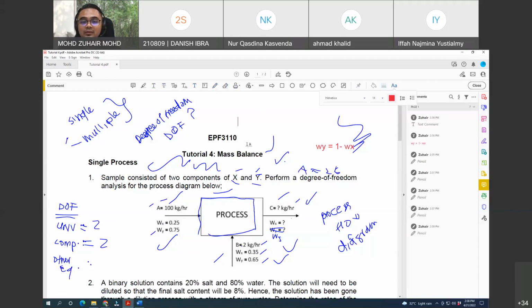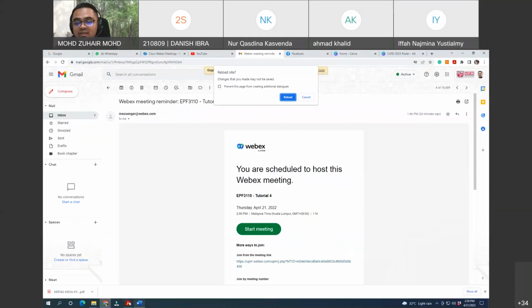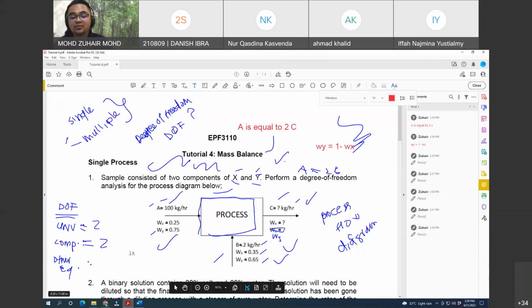For instance, if the question stated that A is equal to C, this is considered another equation that we have.